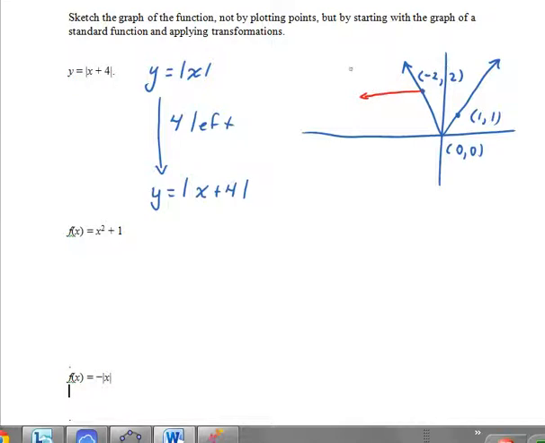So negative 2, 2 would be moved to negative 6, 2. 0, 0 will be moved to negative 4, 0. And 1, 1 will be moved 4 units to negative 3, 1.